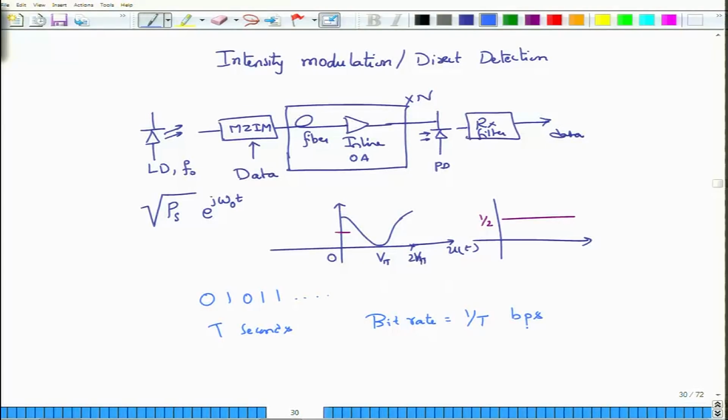For optical communication systems that employ this modulation technique, the bit rate is typically from 10 Gbps to 40 Gbps, where Gbps stands for gigabits per second. So, it is a reasonably large data rate, but as we will see later on, even this data rate is small compared to the current data rates of a single channel system.